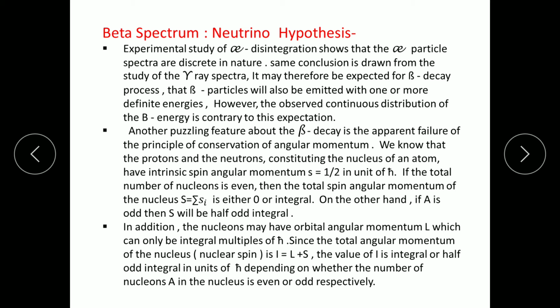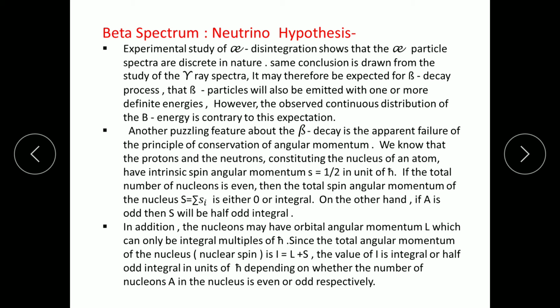Now, in addition, the nucleons may have orbital angular momentum L, which can only be an integral multiple of h cross. Since the total angular momentum of the nucleus, that is the nuclear spin I, is equal to L plus S, the value of I is integral or half odd integral in units of h cross, depending on whether the number of nucleons A in the nucleus is even or odd.